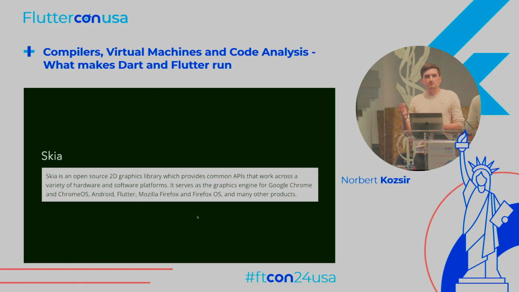As with CPUs, you have different architectures, and different operating systems that you need to worry about. The same applies to graphics. If you're running on Windows, macOS, or different graphics cards, there are all these different things that you have to worry about, and Skia simplifies that by giving you a single API to use.